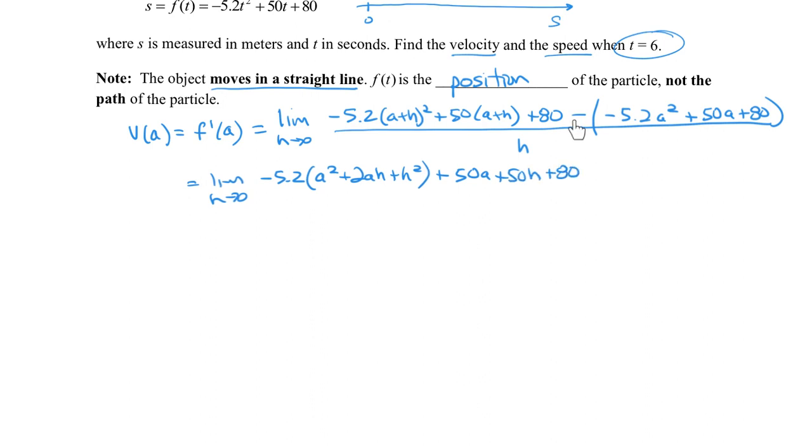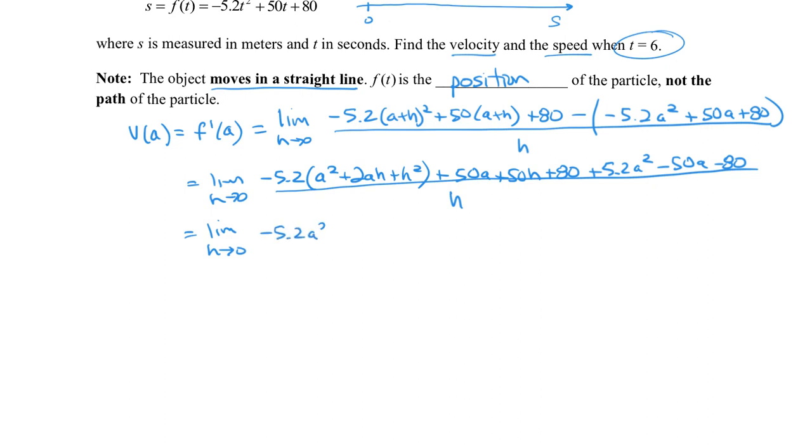And now I'm going to take this negative and distribute it through, so basically all the signs in the parentheses will change. So we get plus 5.2a squared minus 50a minus 80, all over h. I just got one more thing to do just to expand. I'll just distribute the negative 5.2 through, and then we should be able to just clean up a lot of things. So it's the limit as h approaches 0.